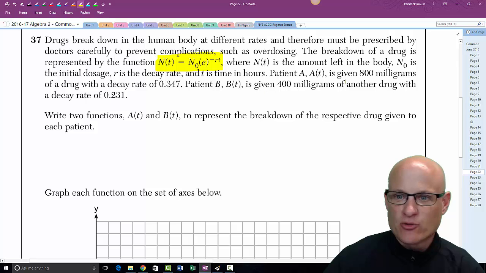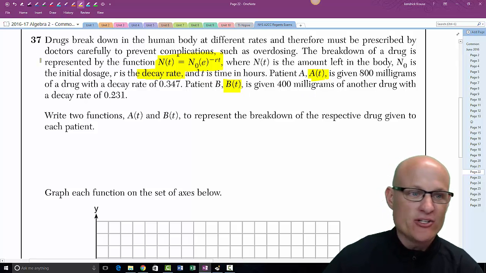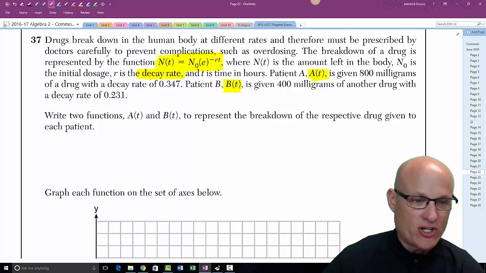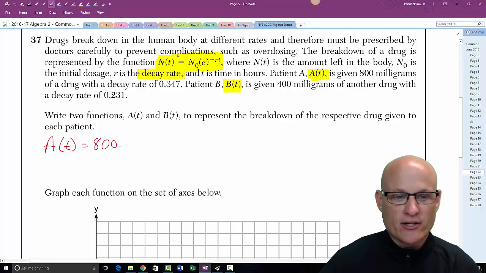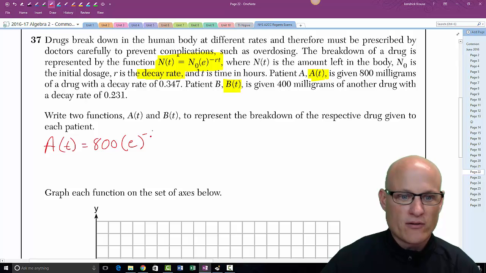And it wants us to create two equations. These are both going to be decays. Okay? We got A of t and B of t. Now, you couldn't use N of t. You had to actually call one of them A of t. So A of t is equal to 800, because it said we're going to start out with 800, e to the negative 0.347t.